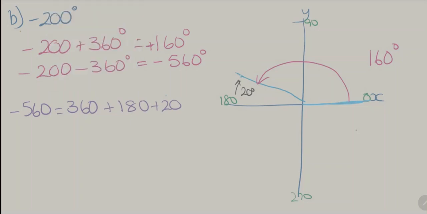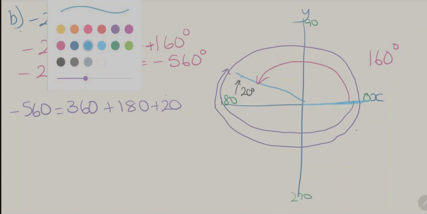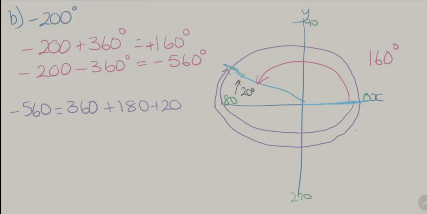From here, we need to do a full turn, and we need to do a half a turn plus another 20. So we're actually coming to this line. So we've gone round, we've done a full 360 plus 180 plus the extra 20. Both angles have stopped at this blue line, the coterminal point.